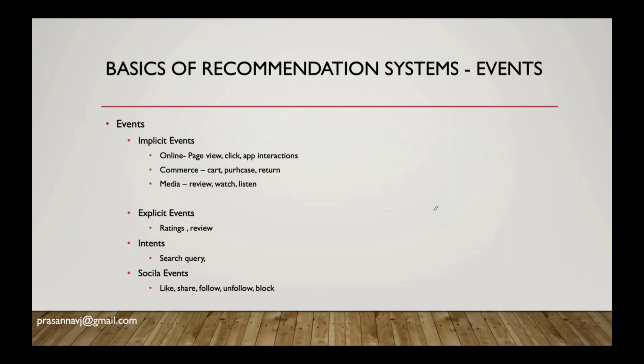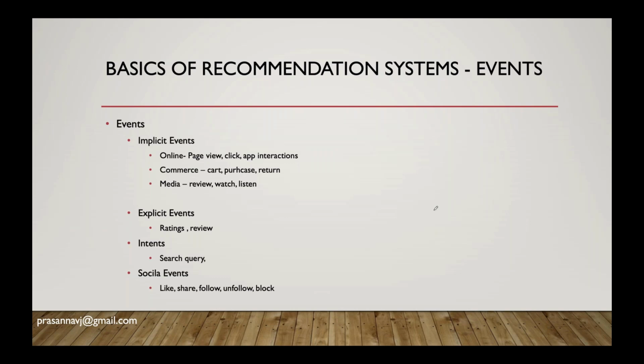These are implicit events. Let's look at some explicit events. For example, you've already seen a movie, and you think it is a very good movie, and you provide a rating for that movie and a comment, saying this is a fantastic movie. That shows that you have already watched it, and you are providing a comment.